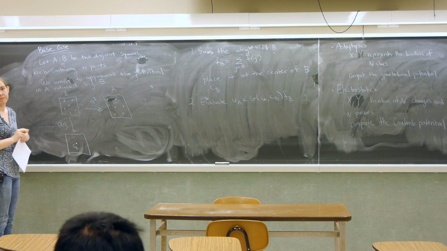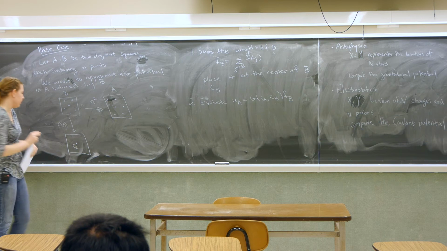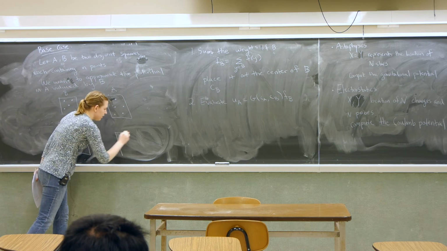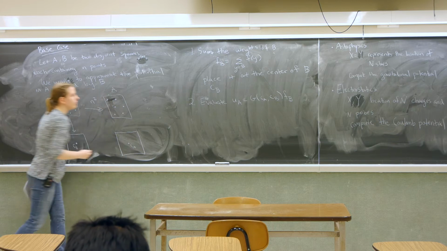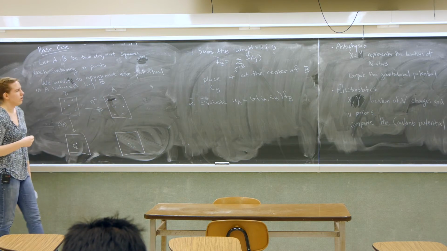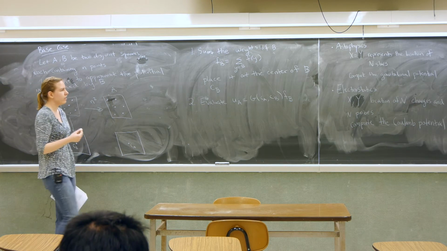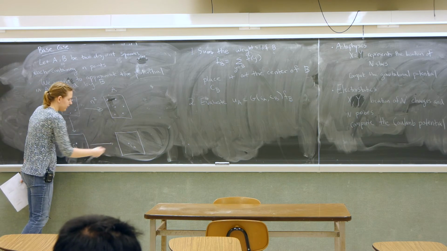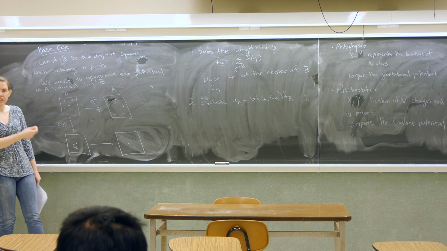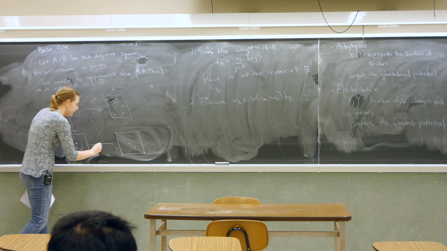CA is the center of A. Okay, so we're just considering the kernel function at the centers of the 2 boxes. And this is just an order 1 operation.